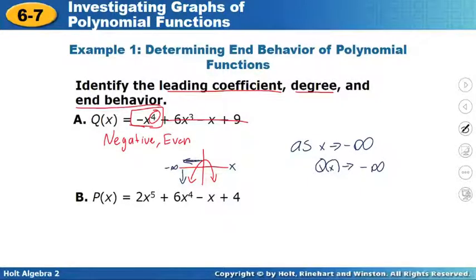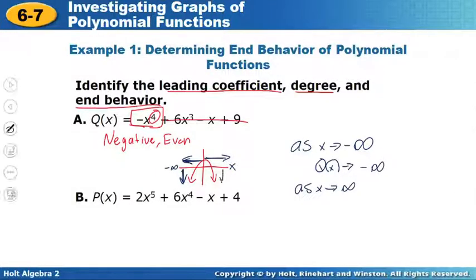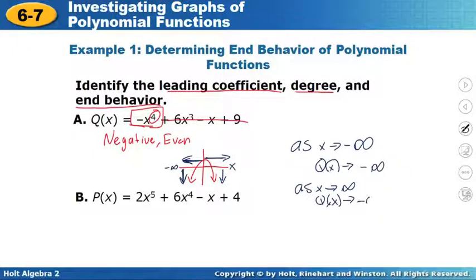As the function goes further and further to the left, it's also going further and further down. So as x approaches negative infinity to the left, q of x approaches negative infinity down. But we also want to establish the other end behavior. As x approaches positive infinity, which just means as it's moving to the right, the function itself is going down, meaning q of x is going towards negative infinity.